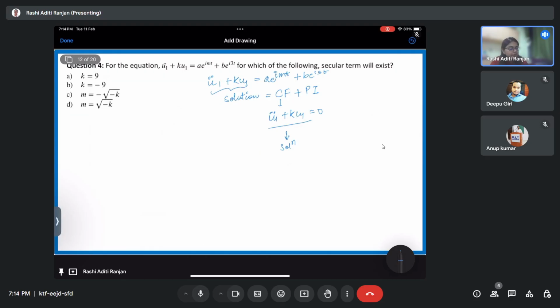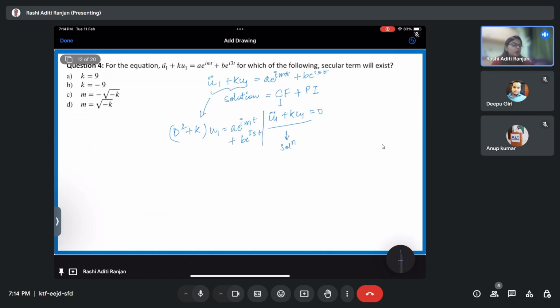So I can write this as d square plus k into u1, this way I can write.